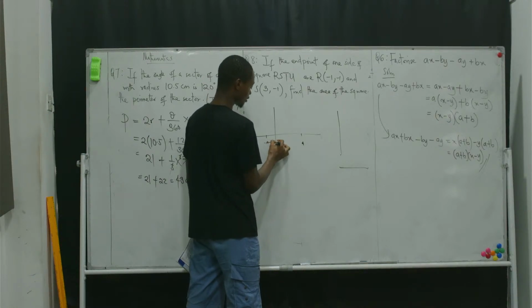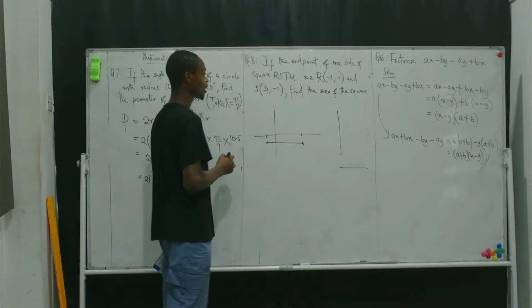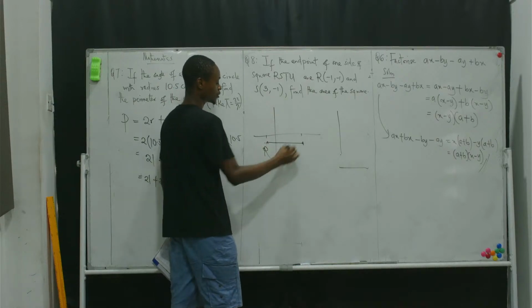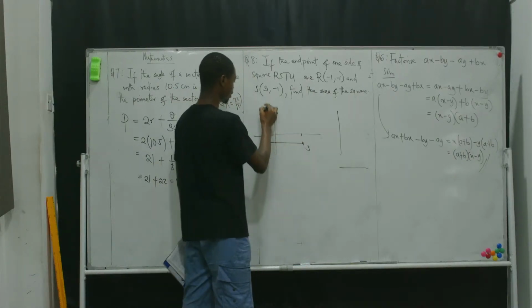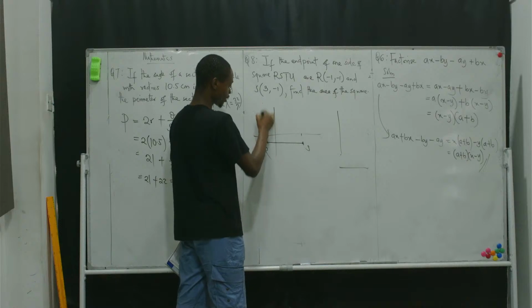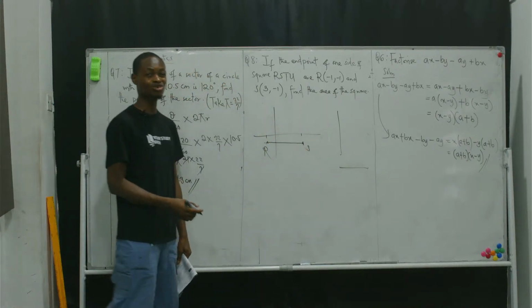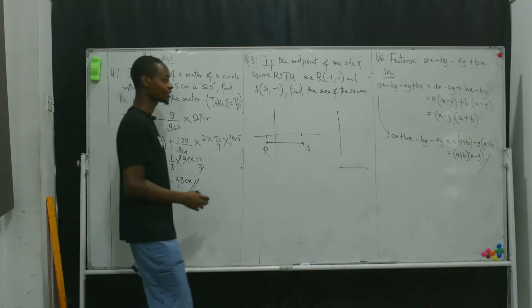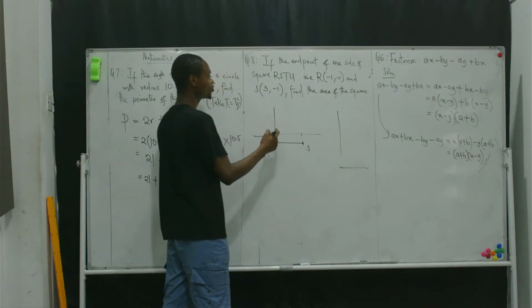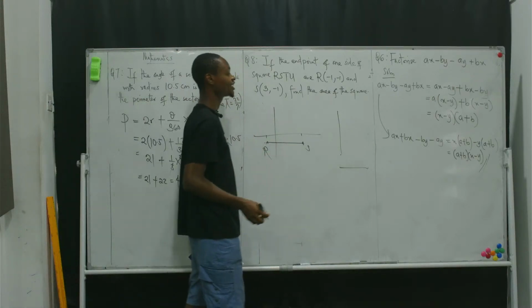So the line you're talking about is here, the line between R and S. Of course, you expect that either the square is up top or down bottom. It doesn't really matter, but this is the side. Now, you have to use these endpoints to find the area of the square.